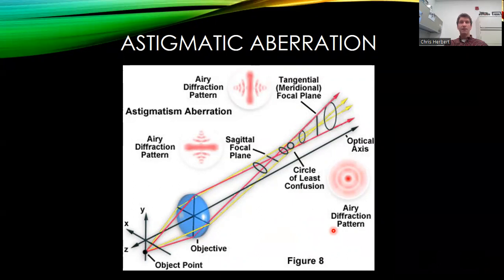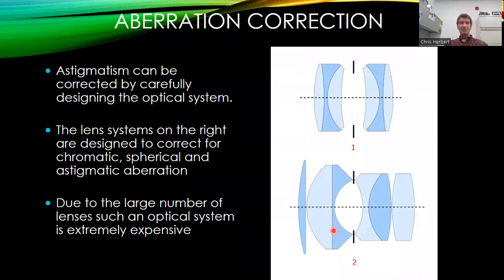But again, the complexity of designing a high-quality optical system can't be understated. It's really, really easy just to grind a spherical lens and a spherical mirror and get a simple telescope or microscope that could be sold cheaply.